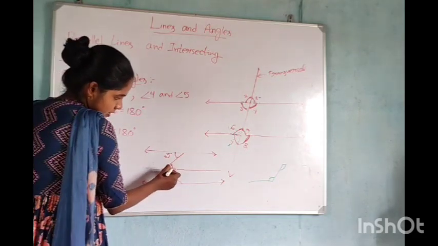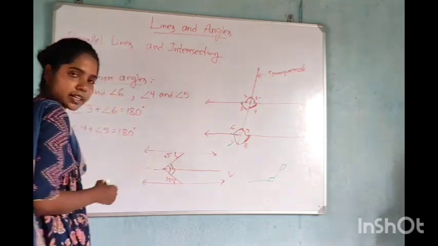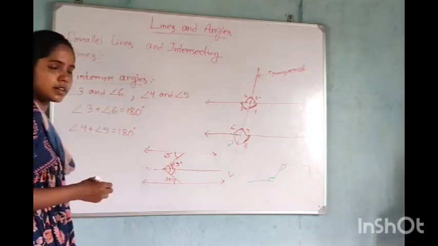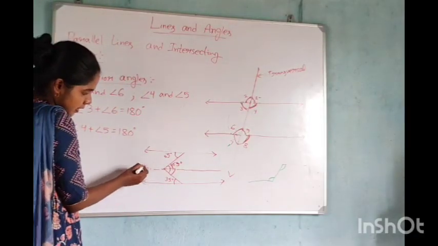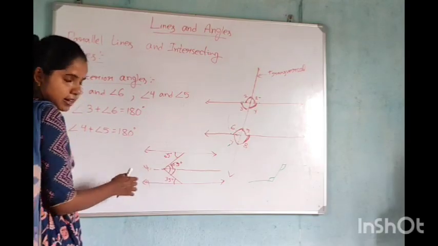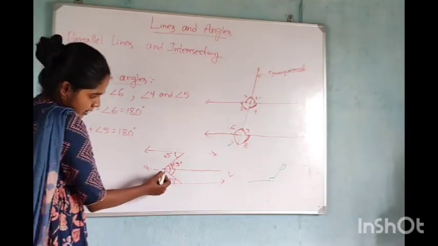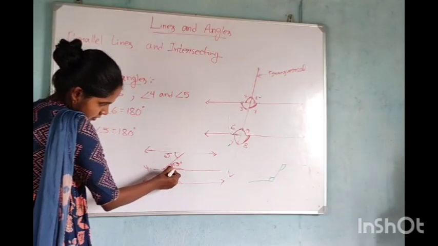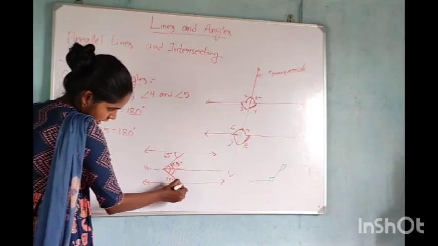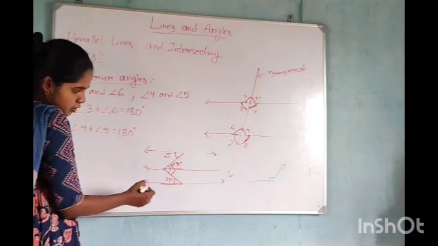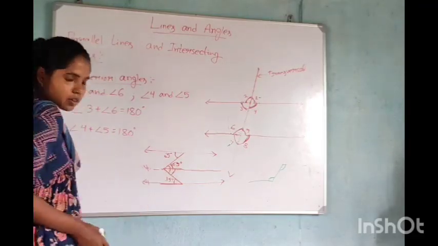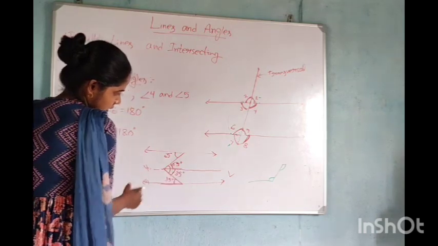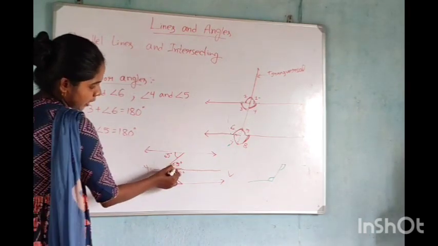So this angle and this angle are alternate angles, meaning this angle is 65 degrees. Also this line and this line are parallel, and this line is the transversal. Can you see here also a Z form arises? So these two angles are also alternate angles. So this angle is 35. So we get these two angles.